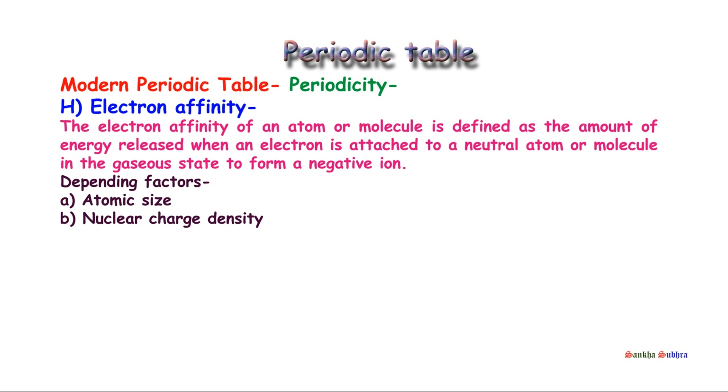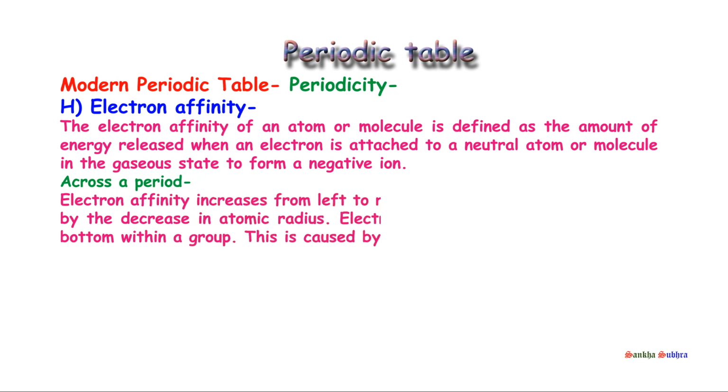On the other hand, the greater the nuclear charge, the greater the electron affinity, because an increment of the nuclear charge increases the effective attractive force on the valence electrons.